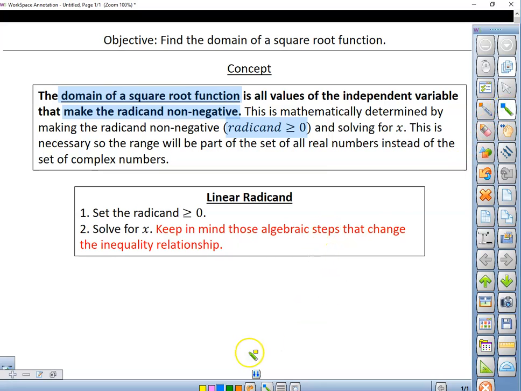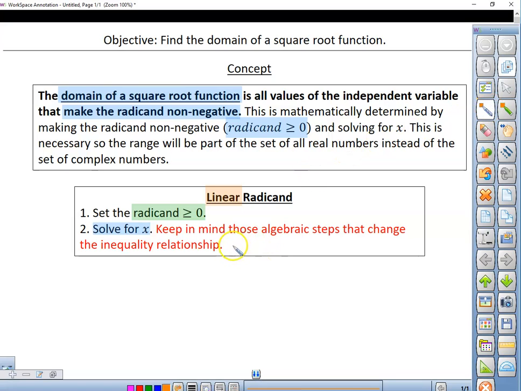So this is our basic procedure if we're dealing with a linear structure for our radicand. You just set that radicand greater than or equal to 0, and then you use your basic undoing algebra, reverse order of operations, to solve for x. Do remember to keep in mind any algebraic steps that change the inequality relationship. Do you remember when those would be?